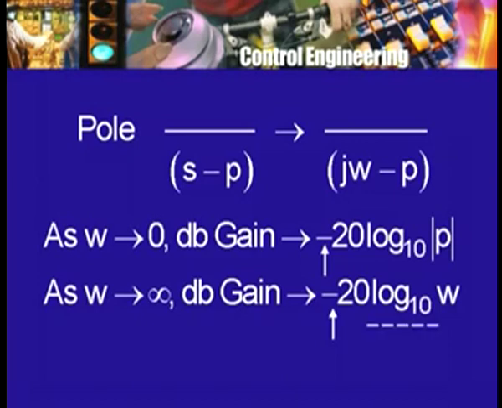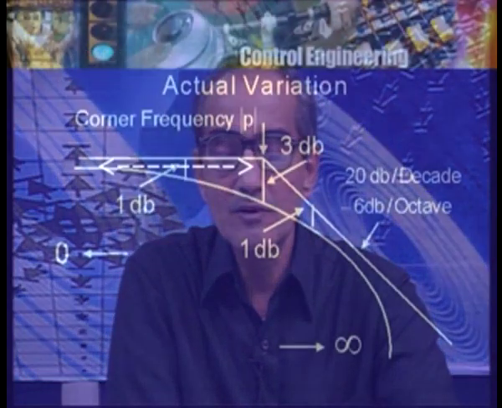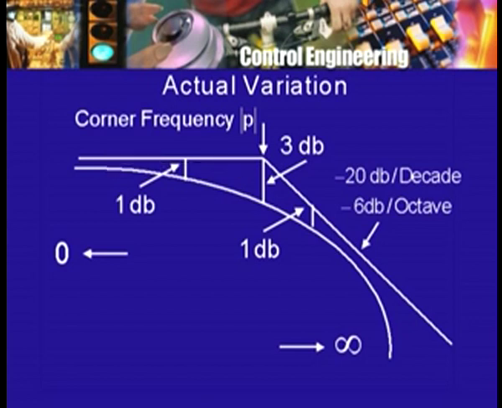So, if you think of it as a function of log 10 of omega, then again it is given by a straight line, but the slope of the straight line is now minus 20, or it has a negative slope, and as a result, if I show the low frequency or DC asymptote and the high frequency asymptote, then the DC asymptote once again will be a horizontal line.